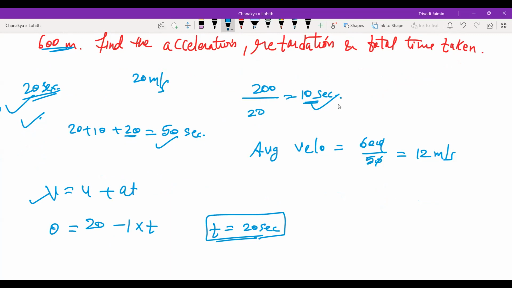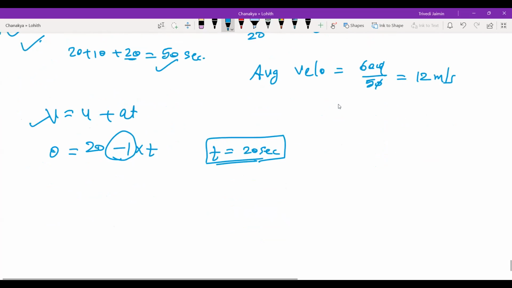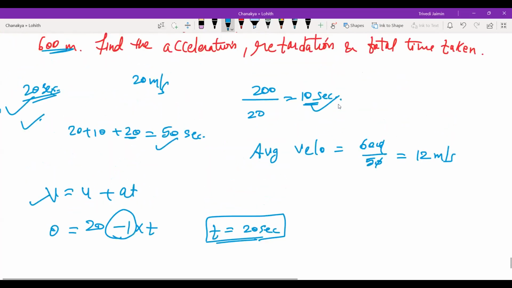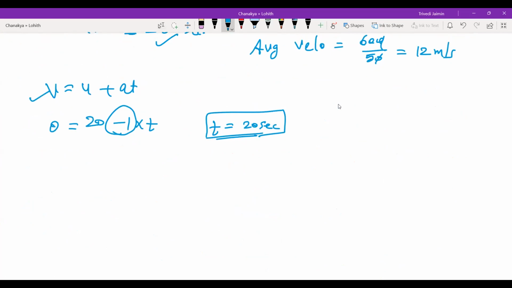Can you calculate the acceleration for the retardation? Retardation, sir. Okay, you want to know how to get this -1? Let's see the values. For finding acceleration, we have velocities, we have displacement. Displacement is 200 meters.